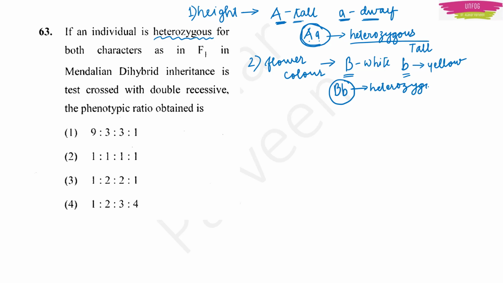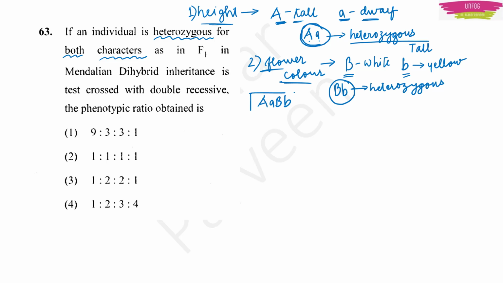When we put both of these characters together, it becomes capital A, small a, capital B, small b. Because here in the question he is referring to heterozygous for both characters, right? So we'll have to take height and flower color also.